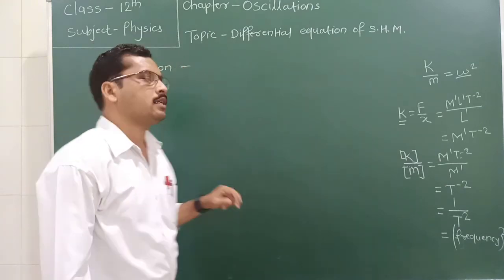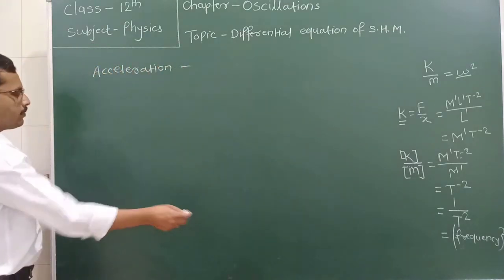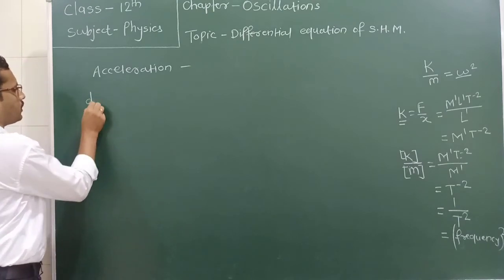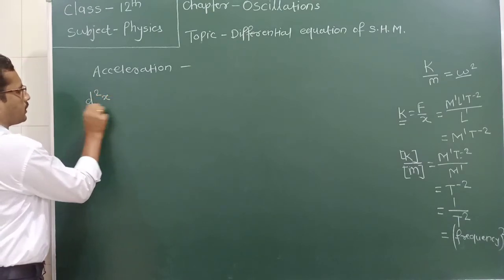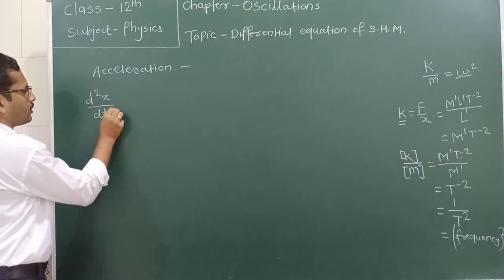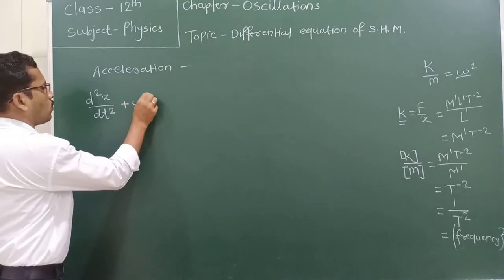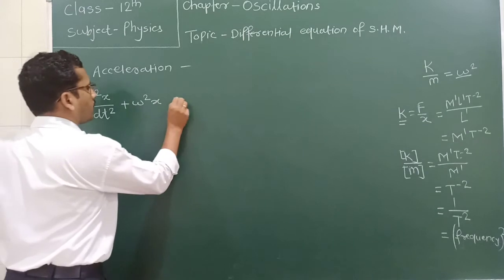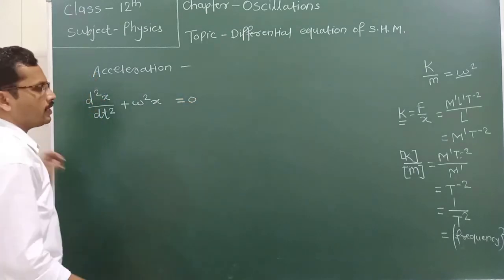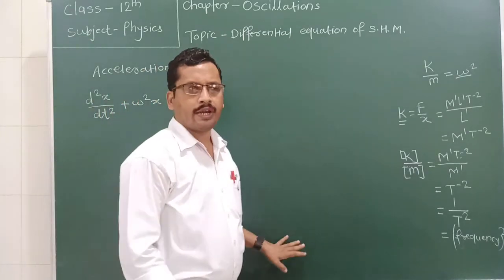Simple, starting from the differential equation. What is the differential equation? It is d2x by dt square plus omega square x is equal to 0. This is the relation we just derived.